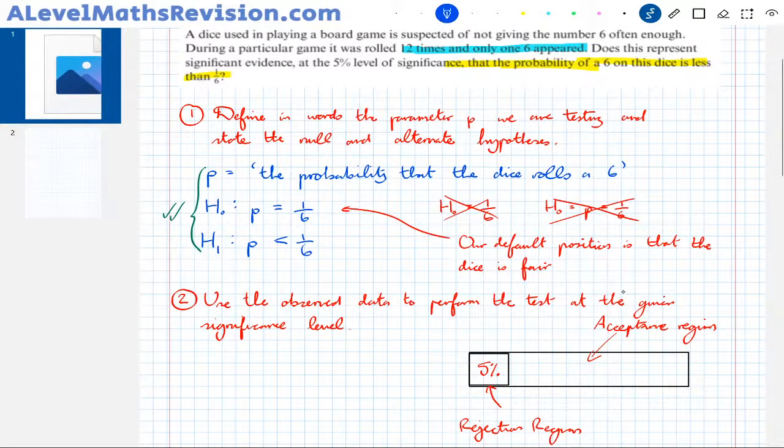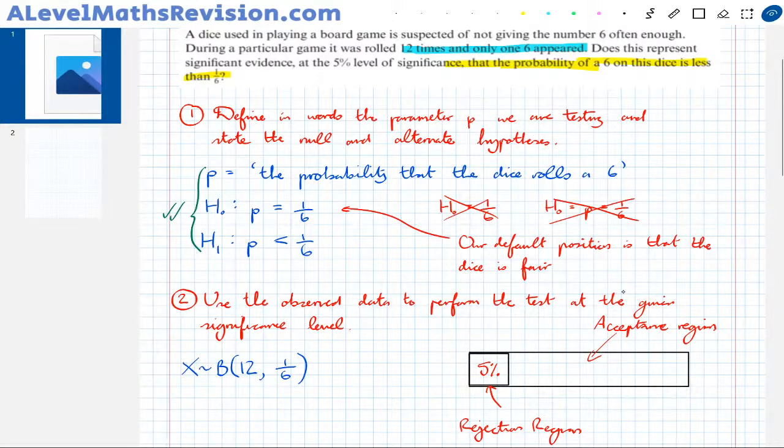So if we roll the dice 12 times, we know from last week that's a binomial distribution. 12, we have 12 goes at it. And the probability of success, if all is good with the world, if indeed this guy here is telling the truth, then the probability is a sixth. And we have no reason to disbelieve it yet because we haven't done the experiment.